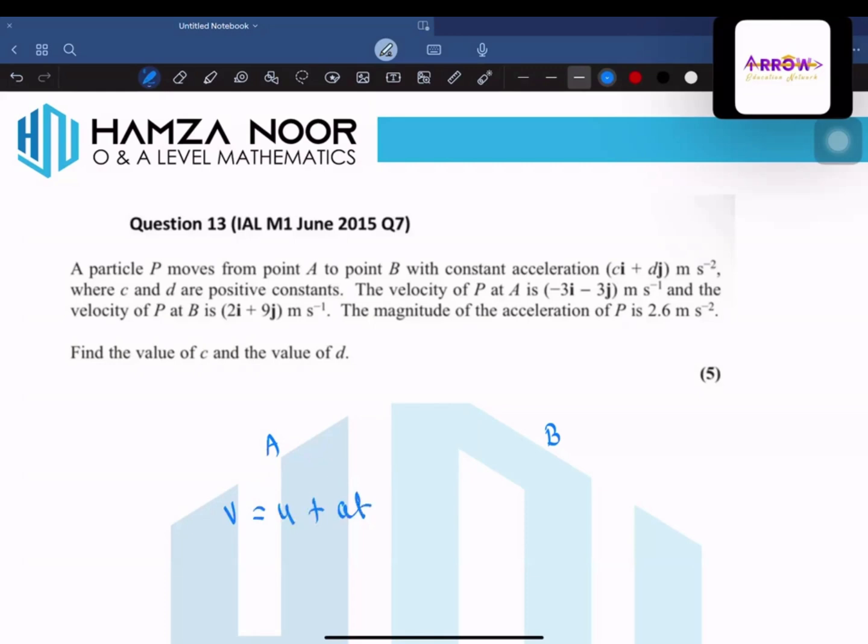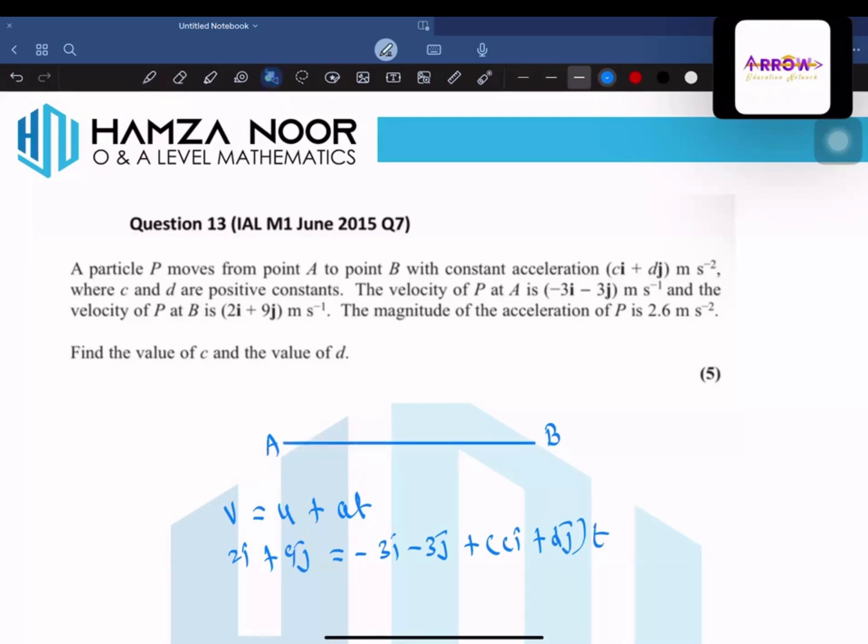The final velocity vector, meaning at B, is 2i plus 9j, and the initial velocity vector, at point A, is minus 3i minus 3j, and the acceleration vector is ci plus dj multiplied by t. We are considering the path from point A to point B.